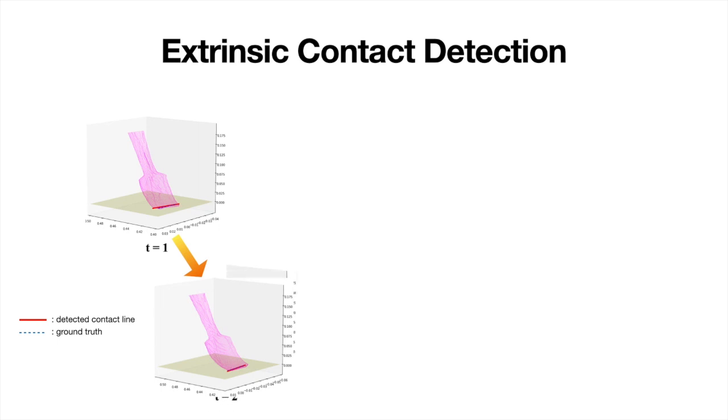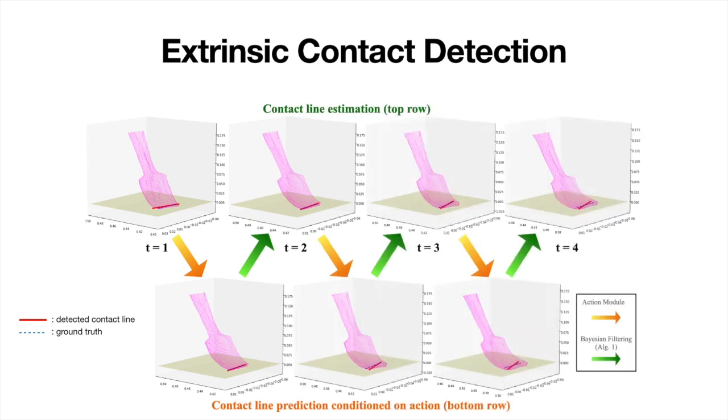When the robot moves, we can apply Bayesian filtering using partial point cloud and reaction wrench measurements. The Bayesian filtering increases the accuracy of contact location detection as the red lines get closer to the dotted blue lines, following the green arrow. Finally, we can repeat this process throughout the entire trajectory.